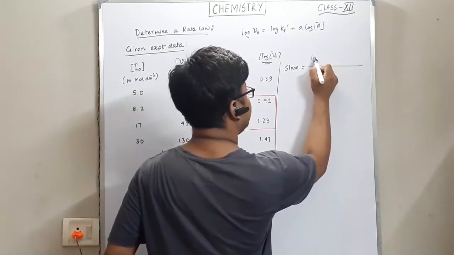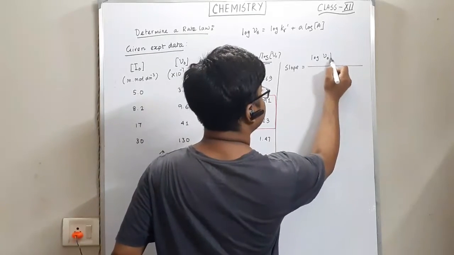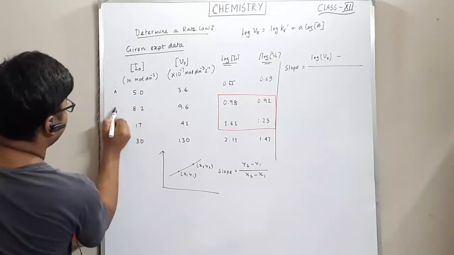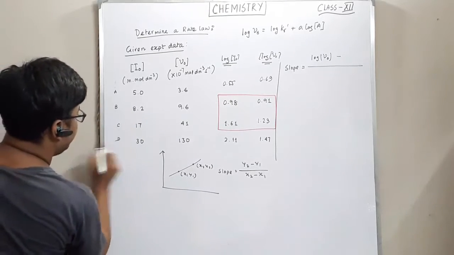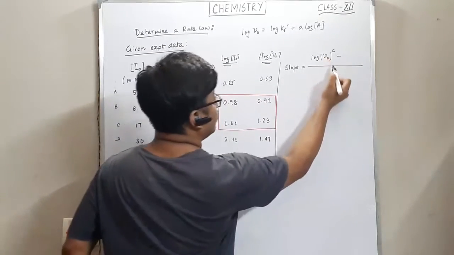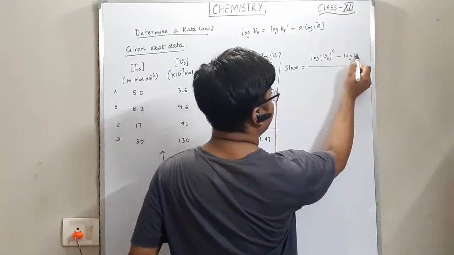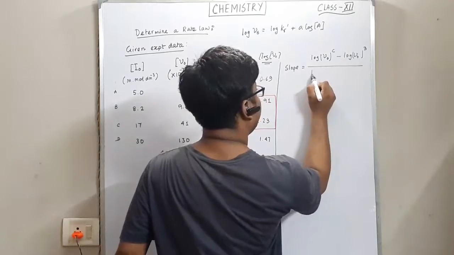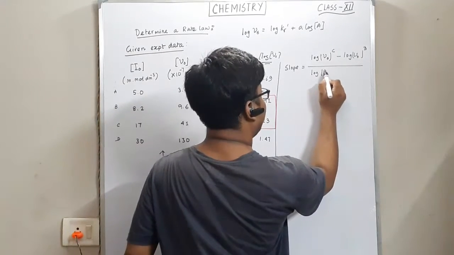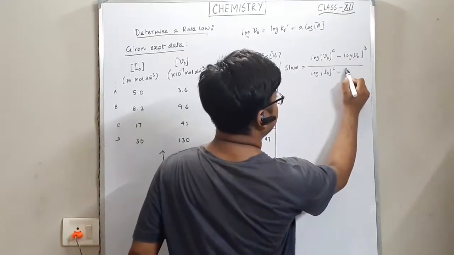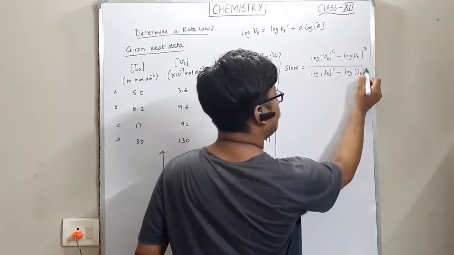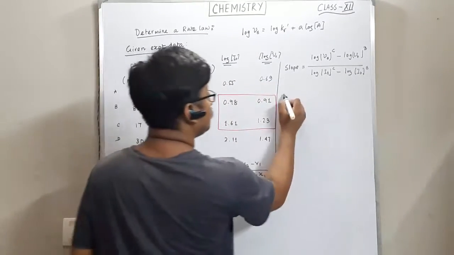Let's say this is point A, point B, point C, point D. The slope is log of V0 at point C minus log of V0 at point B, divided by log of I0 at point C minus log of I0 at point B. Correct?